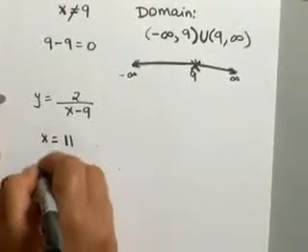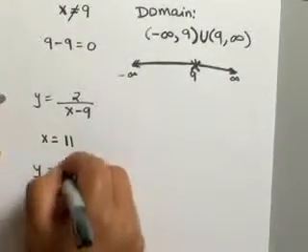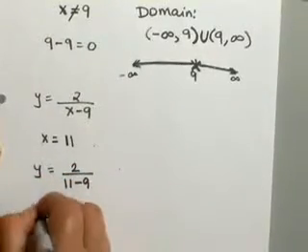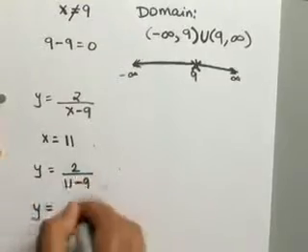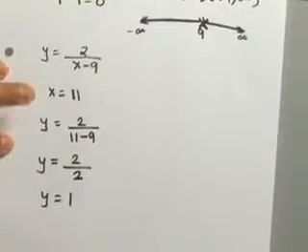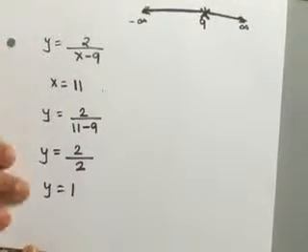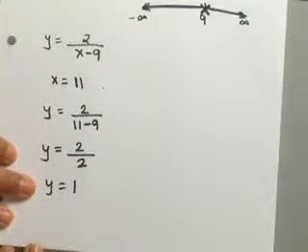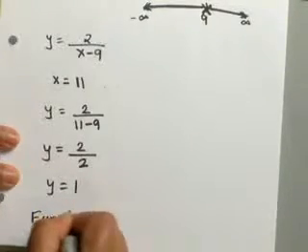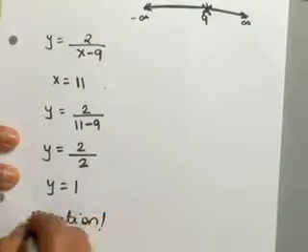So let's substitute for x in our equation. That will be 11 minus 9. You will see that will give you 2 over 11 minus 9, which is 2, which gives you y equals 1. So for one given value of x, you come up with just one value of y. And that right there tells you that this equation is a function.